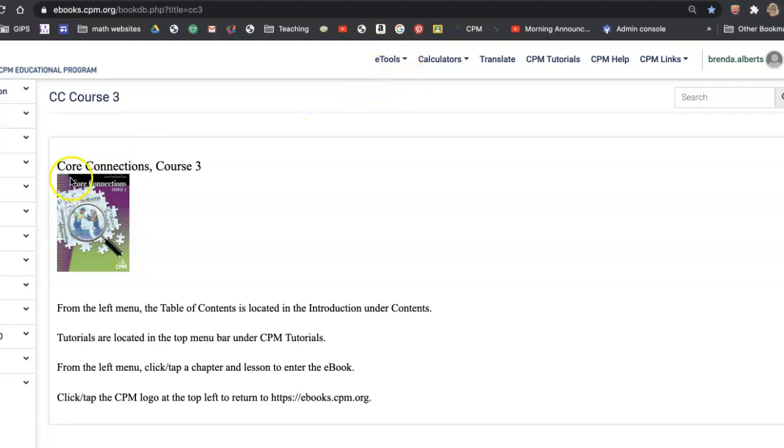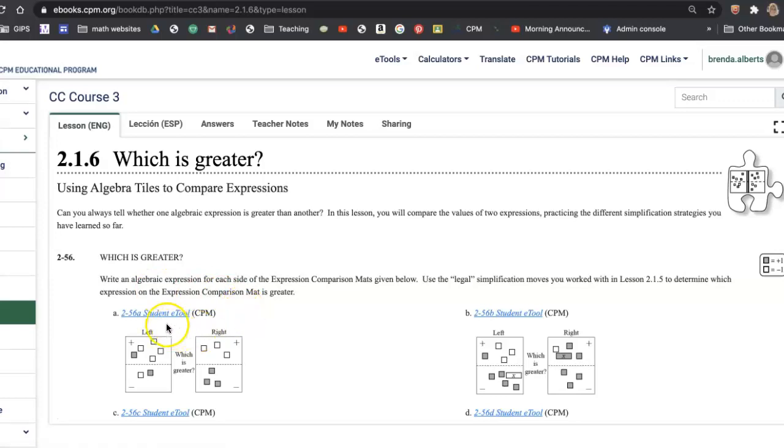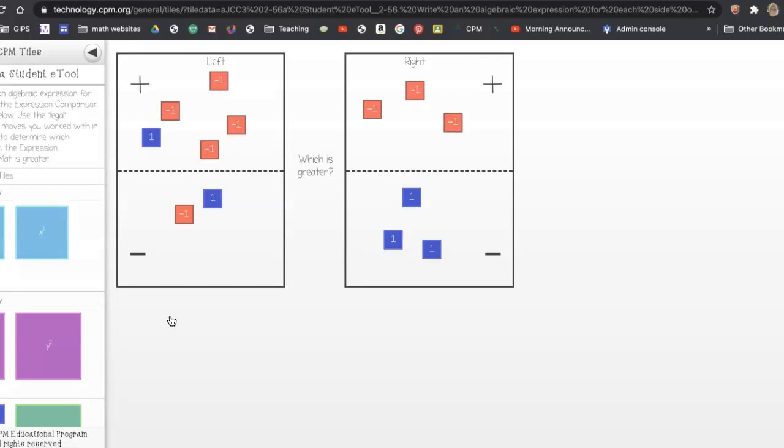Most of these expressions or these problems, if we look in, I think it was in 2.1.6, they each, even sometimes in just the stuff we do together, they'll have a tool. And so if I click on this one, it's already going to have it built for me, so I don't even have to do that. So that's kind of the nice thing. So I'm just going to look at this one.